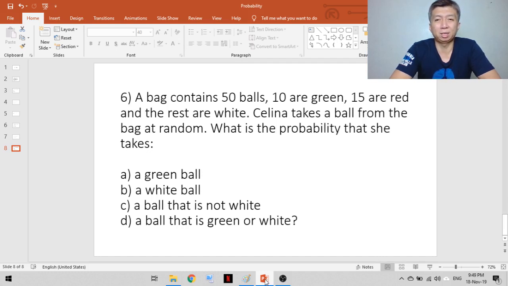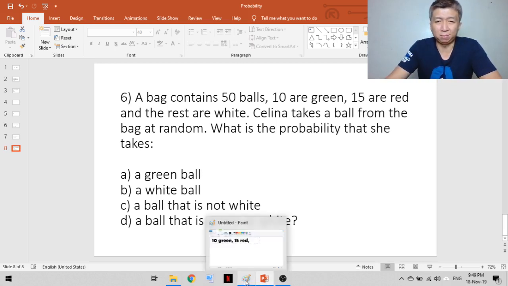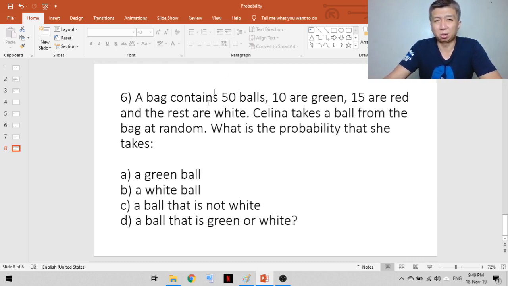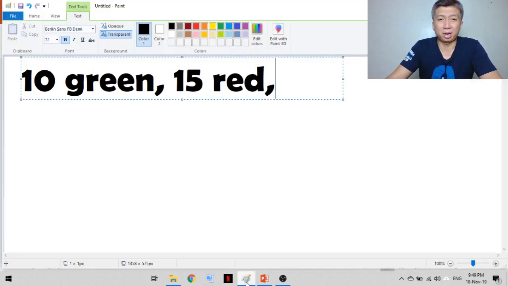Kung meron 50 balls dun sa bag, 10 ang green, 15 ang red or pula, ilan yung white? Very good. 25. Kasi 10 plus 15, 25, di ba? So, 50 minus 25. Ibig sabihin, yung the rest, 25 white balls.